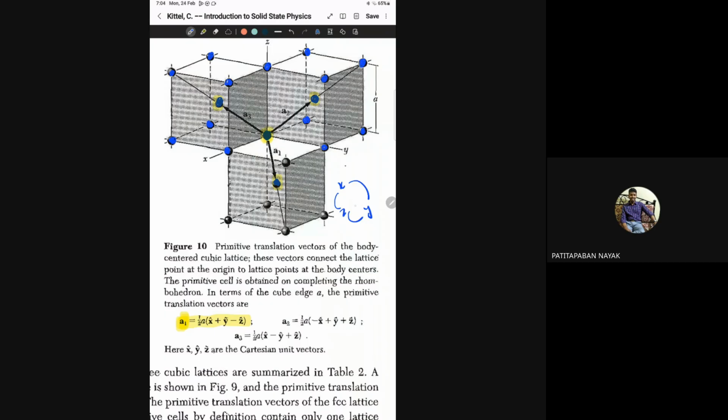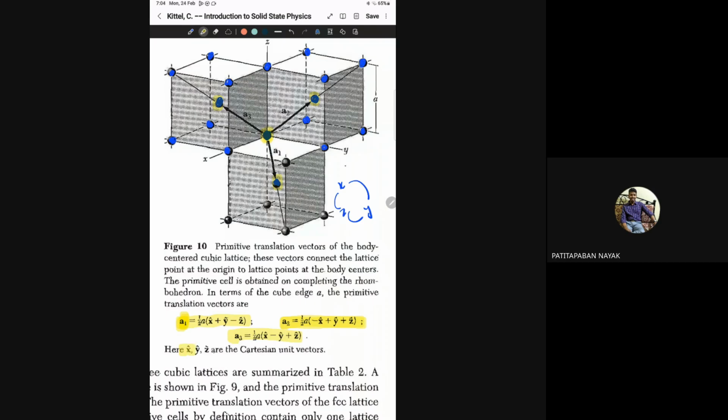This way you can generate these primitive cell vectors.